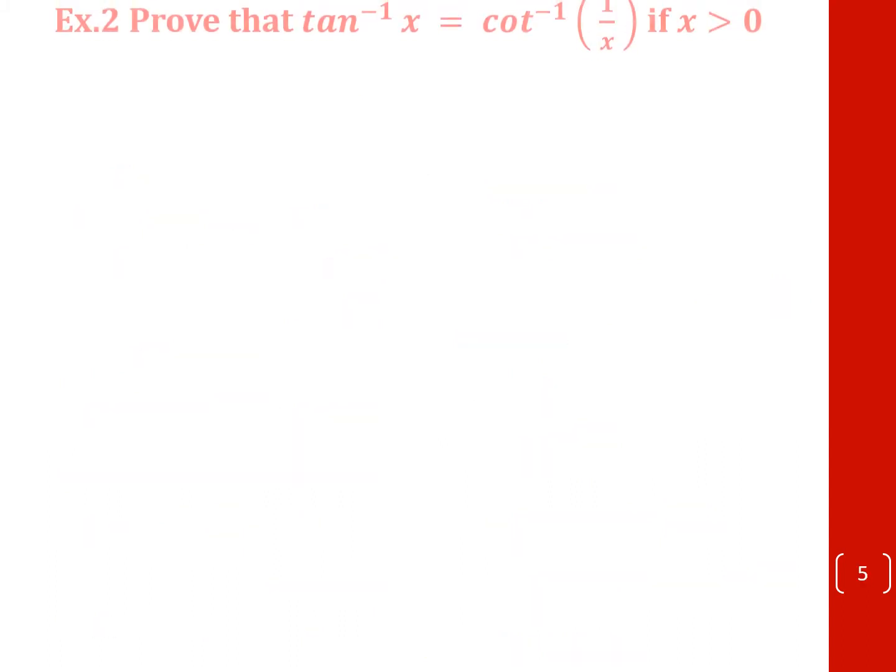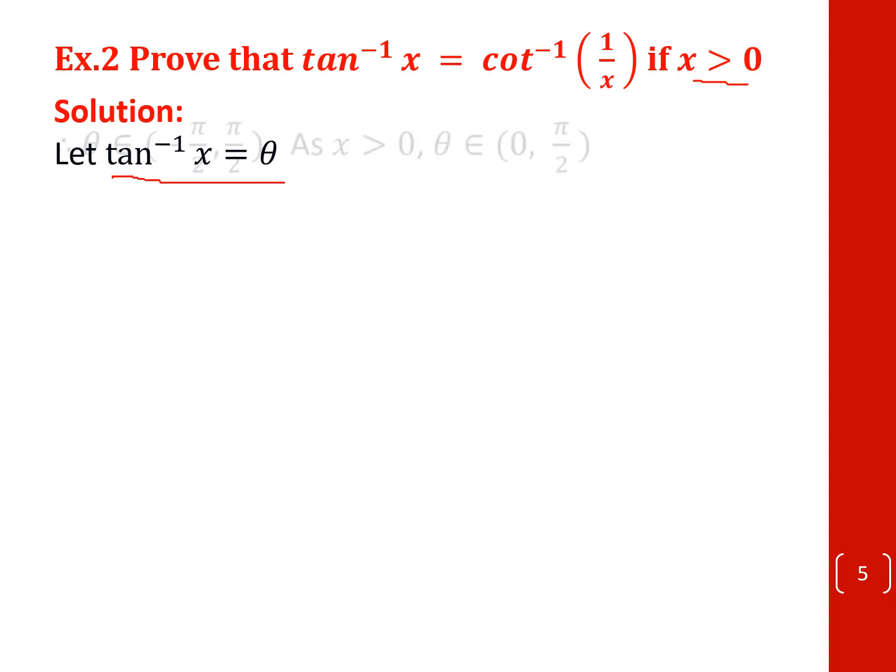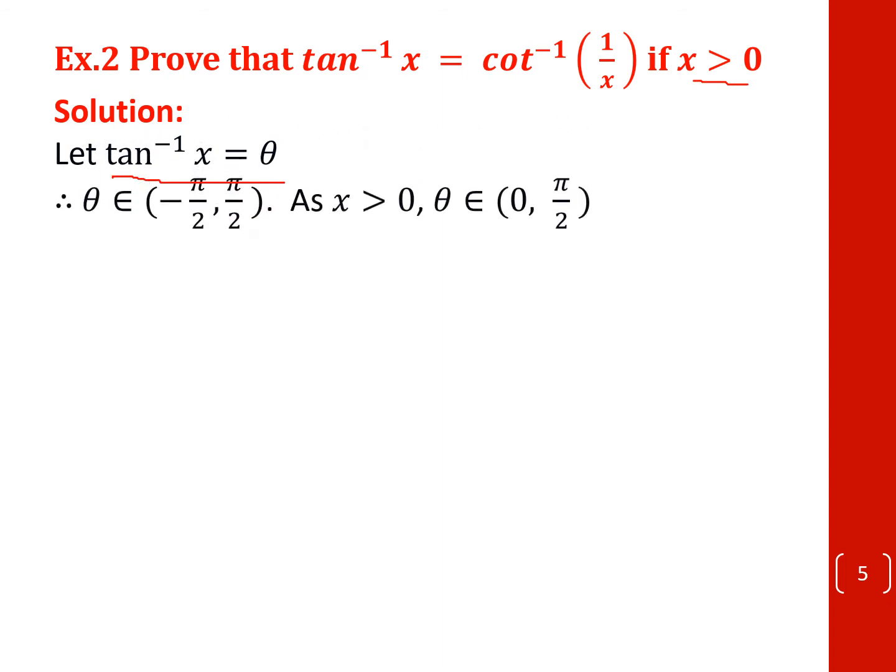Second example, prove that tan⁻¹x = cot⁻¹(1/x) if x > 0. Solution. Let us assume that tan⁻¹x = θ. Therefore, θ belongs to the open interval (-π/2, π/2). As x is greater than 0, θ belongs to the open interval (0, π/2).